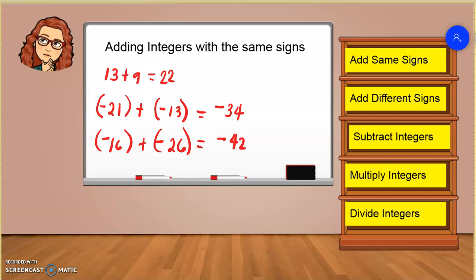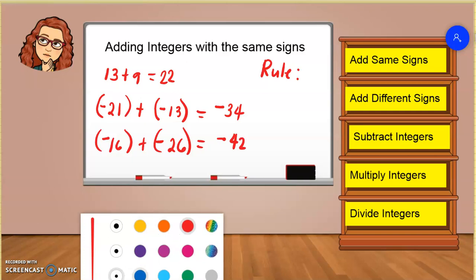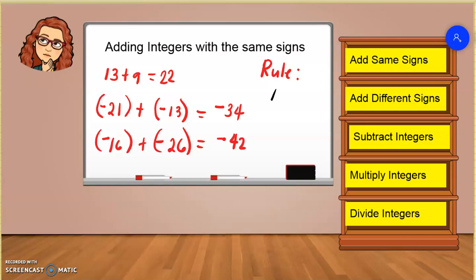Okay, now, I want you to formulate a rule for this. So what is the rule then for adding integers with the same signs? We just simply, of course, add the numbers and copy the common sign.